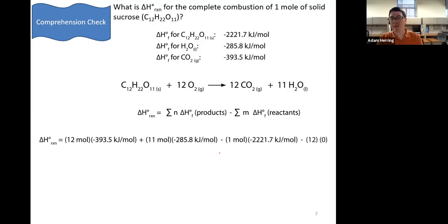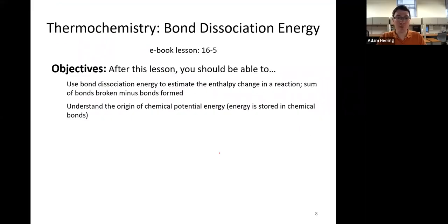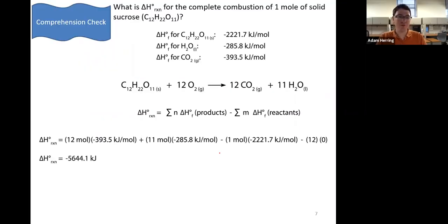We also subtract the standard enthalpy of formation of oxygen, keeping in mind that because oxygen is an element in its standard state, the standard enthalpy of formation is 0. We do the algebra to simplify, and we get our final answer of negative 5,644.1 kilojoules.